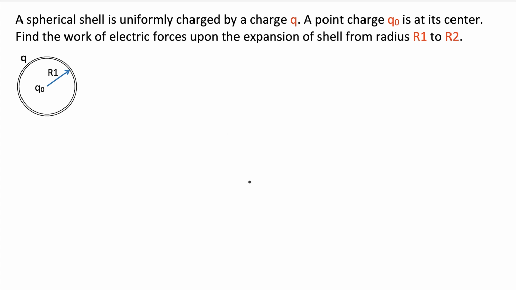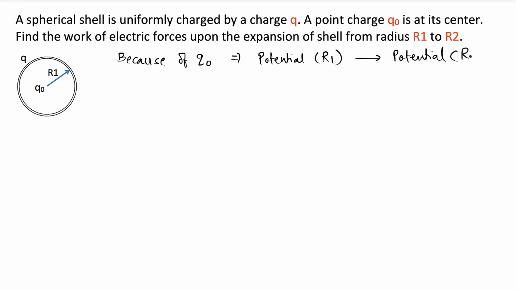So what all work will be done because of forces here? We clearly see that since Q0 is at the center of the shell, because of Q0 there is a potential at R1, and then eventually it will go to potential at R2.